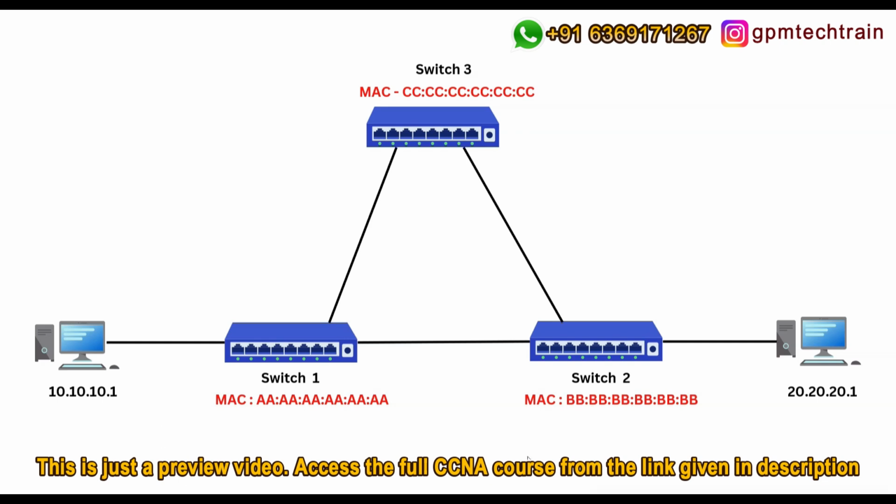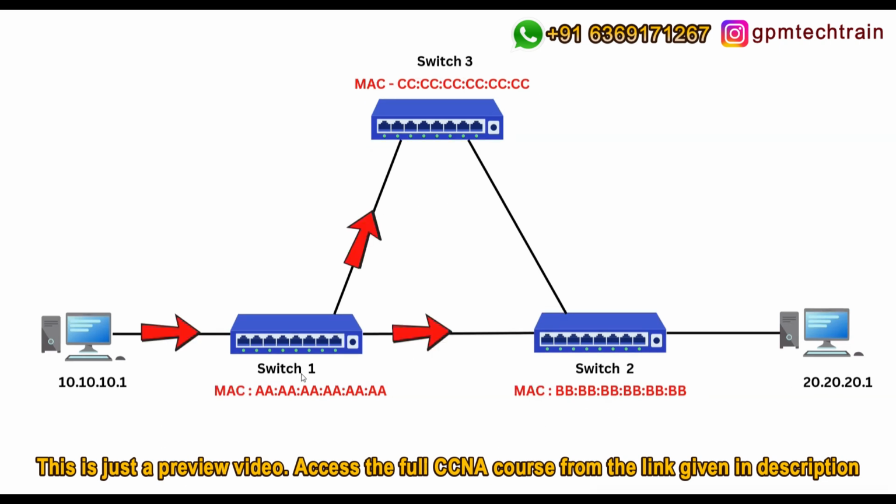However, there is a problem in this situation. When I want to connect from here to here, you know that for an L2 network, in addition to the IP address, this PC wants to know the MAC address of this device for the communication, right? So in order to learn the MAC address, it will first initiate an ARP request.